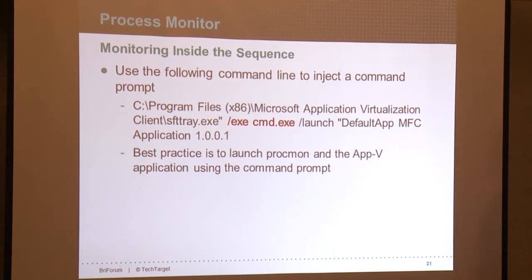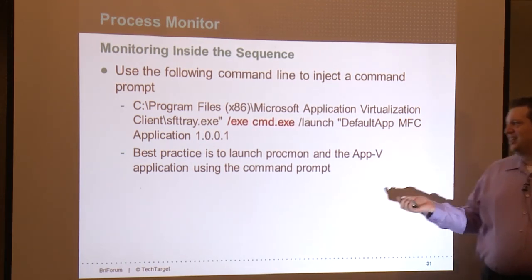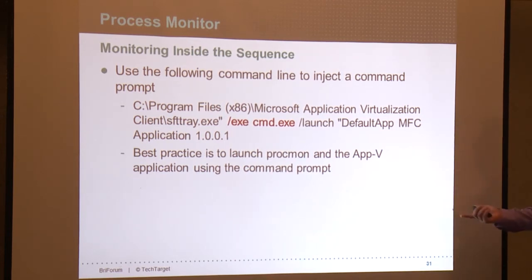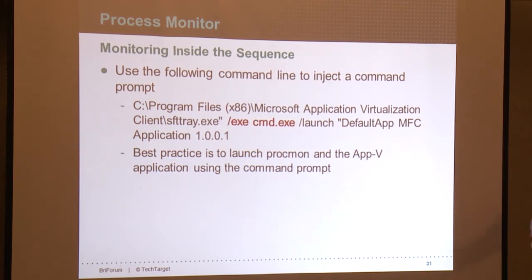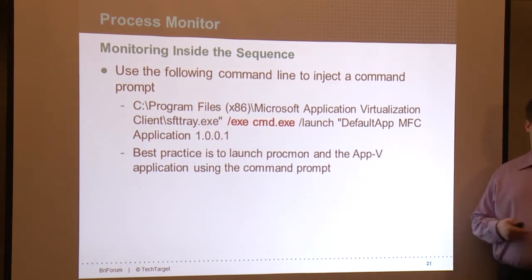So if you're using this method, you should be using, I believe it's a start command. Best practice is to launch Procmon and the AppV application using the command prompt. Oh, yes. Okay, sorry. Because of how things behave, you actually have to start both Procmon and the application you're trying to trace via the command prompt.